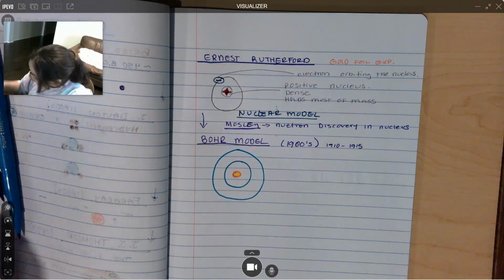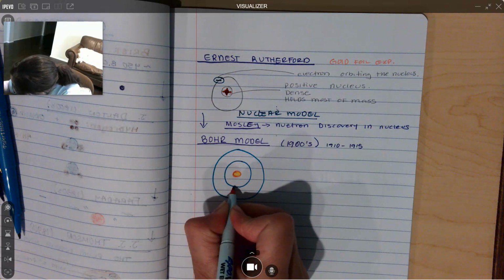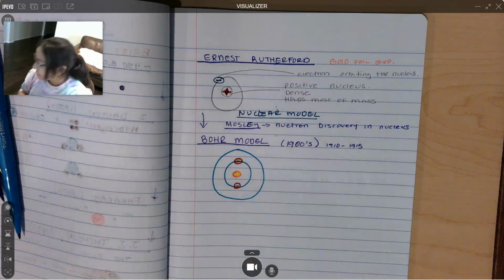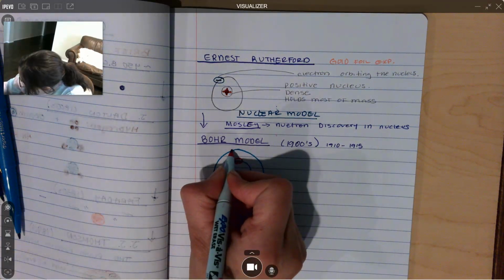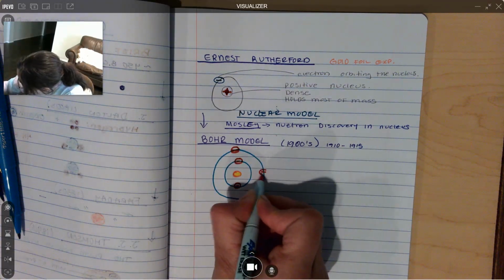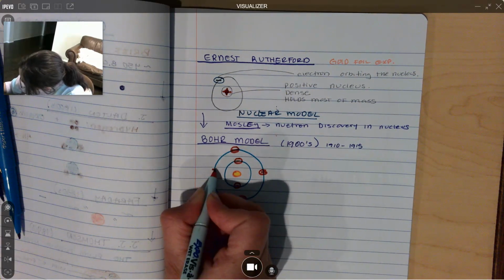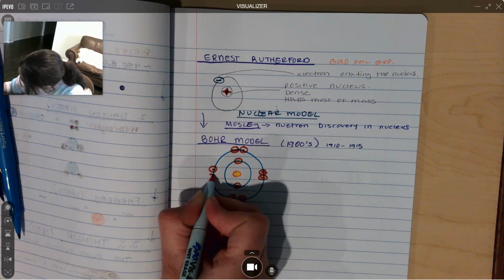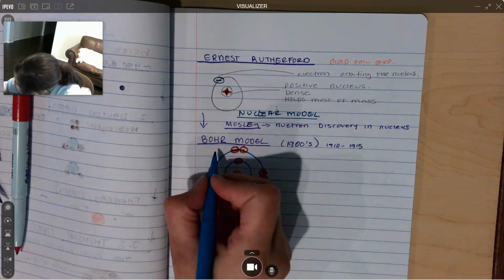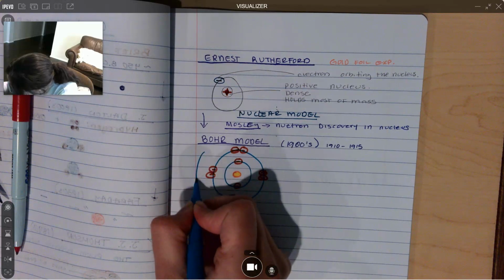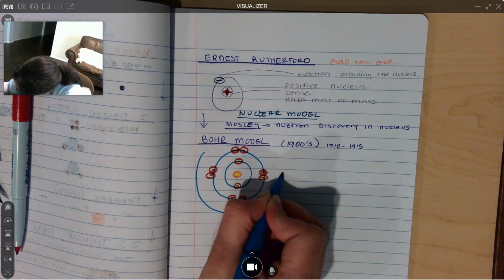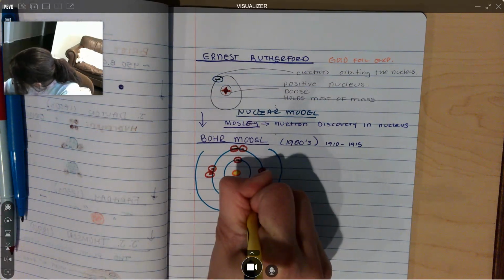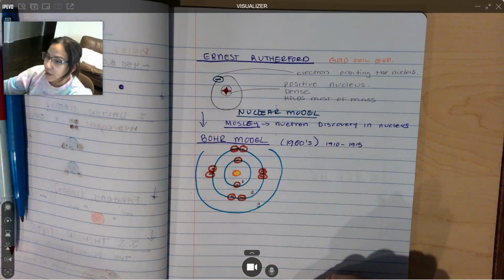Okay, and in it you have electrons, and he discovered that the first orbit carries 2 electrons, and that the second orbit carries up to 8 electrons. And then you could have a third orbit going through. Now I'm going to just do like half an orbit here because I don't have space. All right. So you have your first energy level, second energy level, and your third energy level.